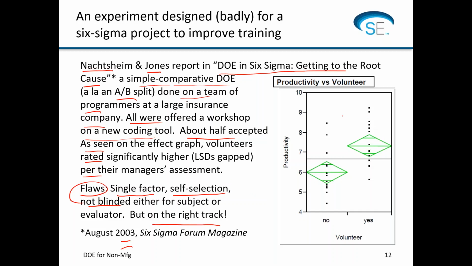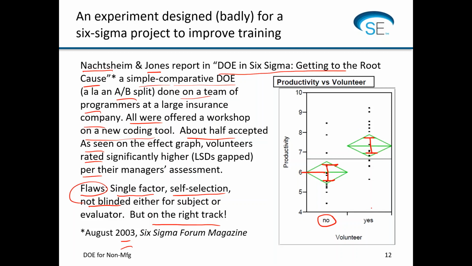And this happens to be from an old version of JMP, I think. And you see that these LSD bars are presented by the program. We see that when they didn't take the programming training, they were rated much lower than when they did take the training.